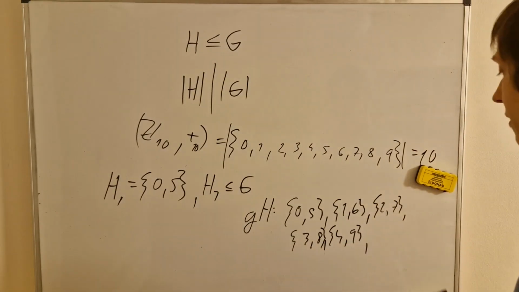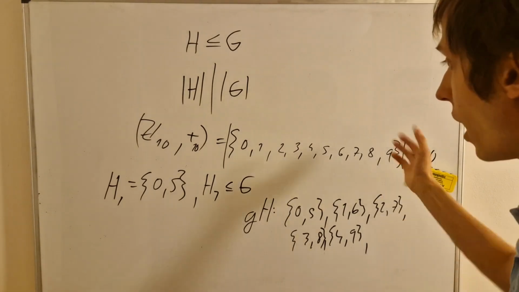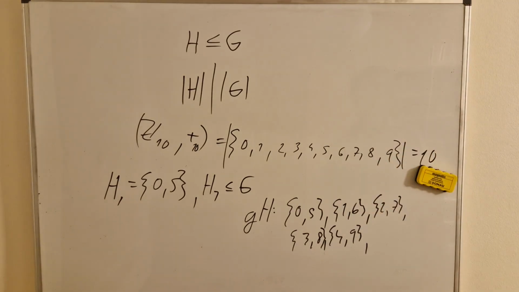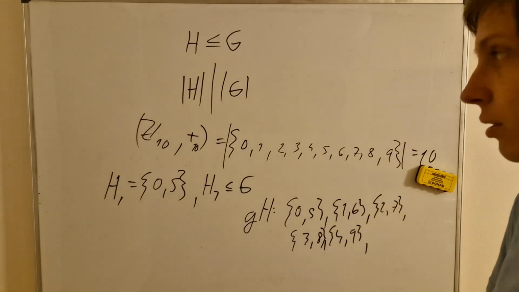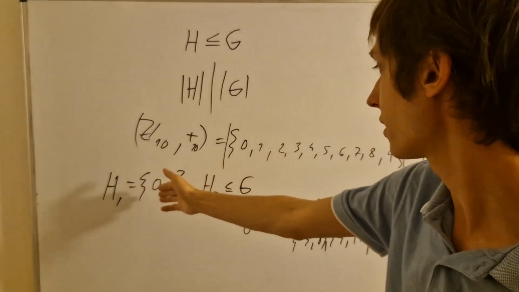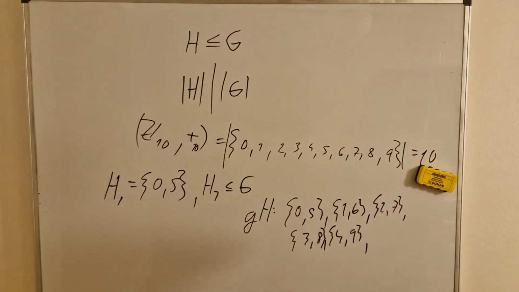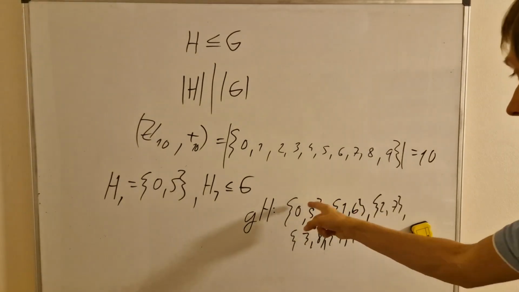And then I end up with 5, 0 again, which I will not write. If we go higher, we can verify that we will get the same results we already got, all right? If I go to 6, it's 6 and 11, but mod 10 that's 1, so 6, 1, and we already had it, all right? So we see the number of cosets, we can count it, is 5.